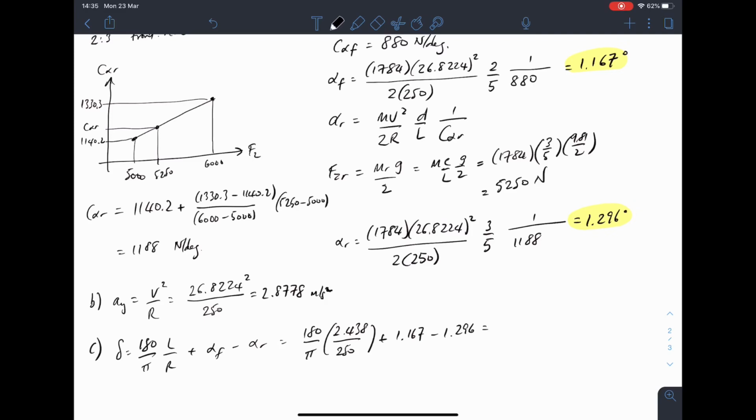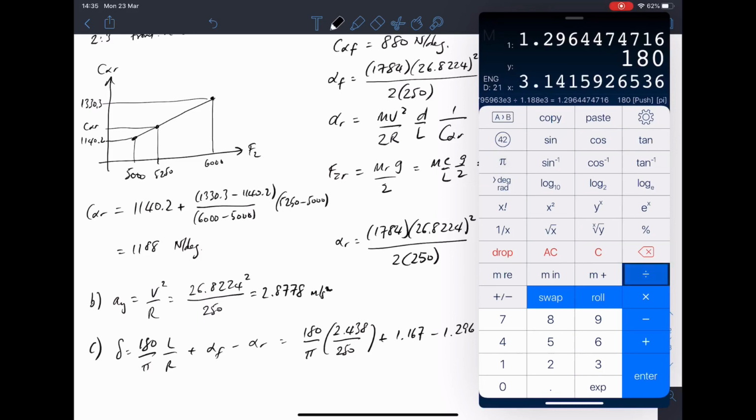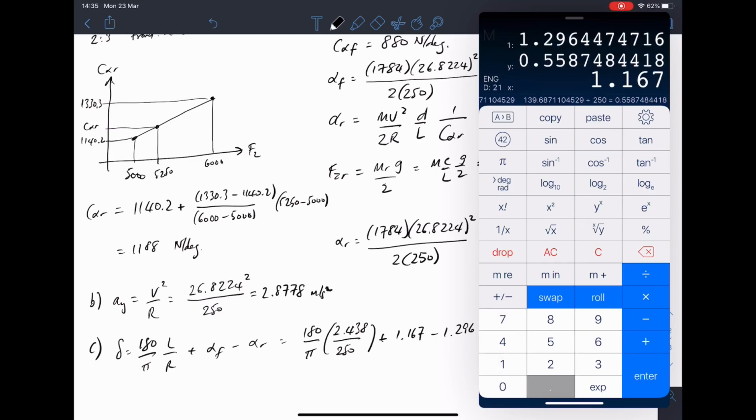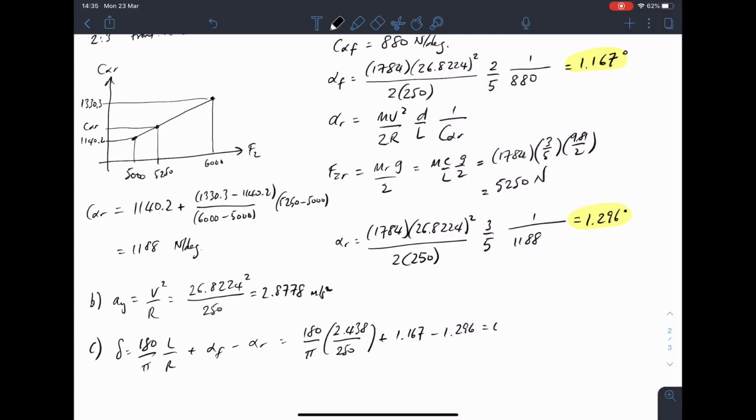So this equals 180 over pi, 2.438, 250, and then we've got 1.167, 1.296. So we've got 0.430 degrees.